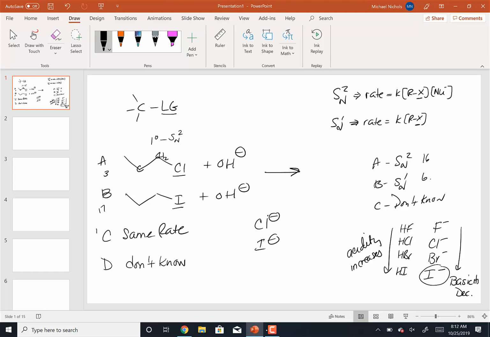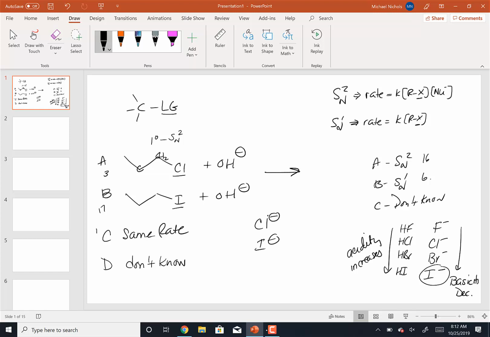Now, if we talked about nucleophilicity, who would be the best nucleophile of this group? I minus would be the best nucleophile because it's the most polarizable.